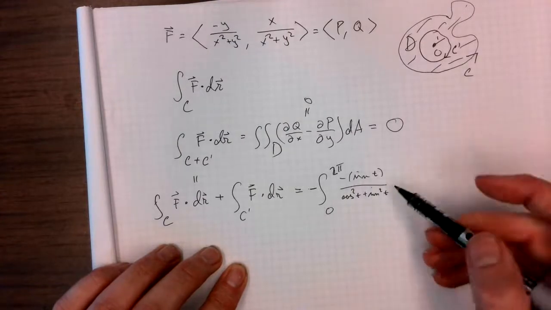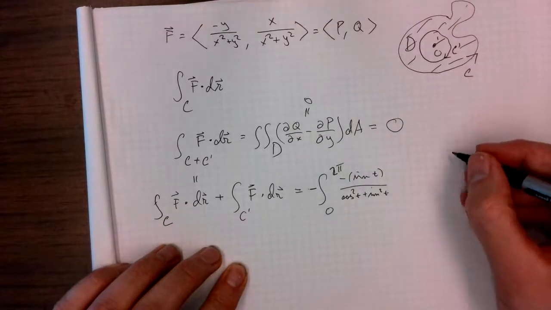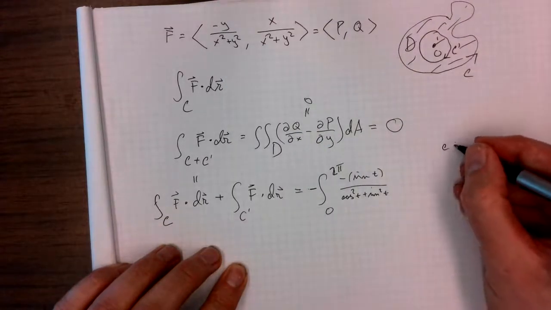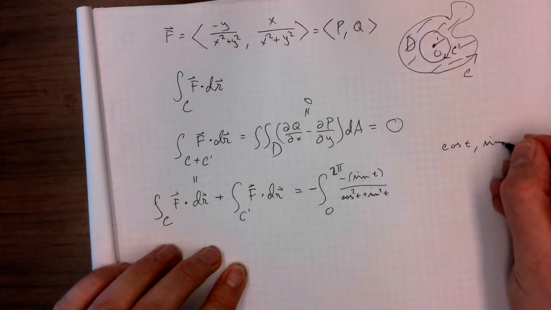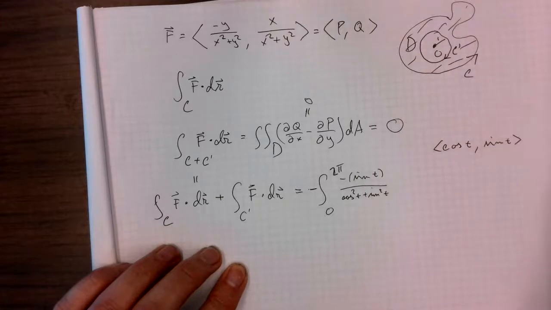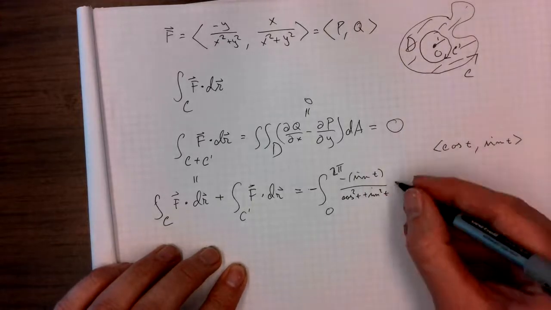Now dx, if I'm parametrizing by cosine t, sine t as usual, then dx is minus sine t.